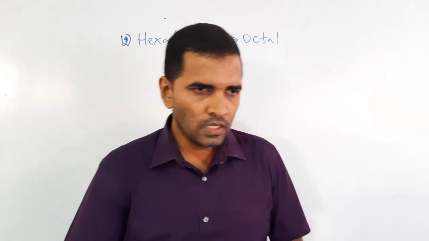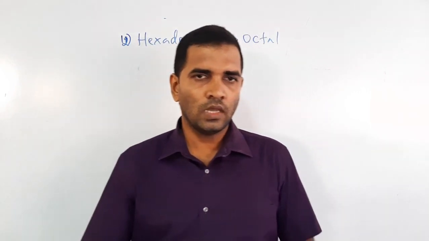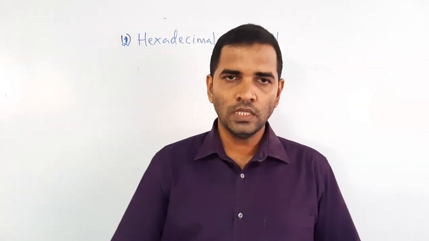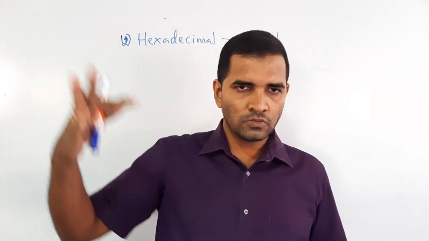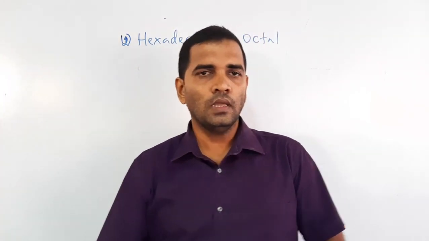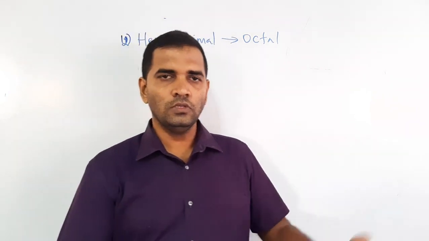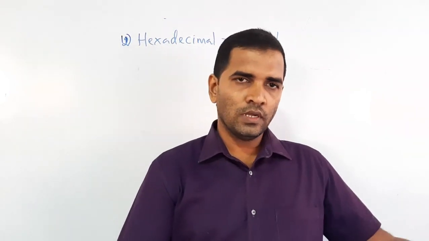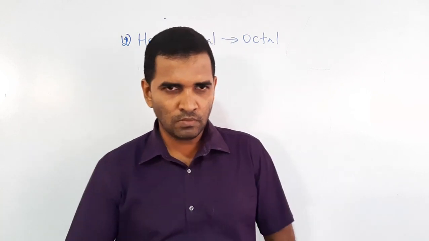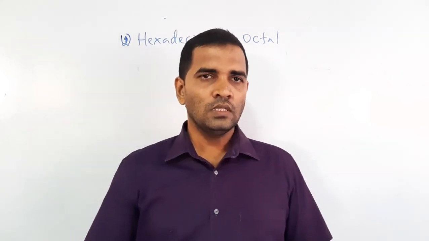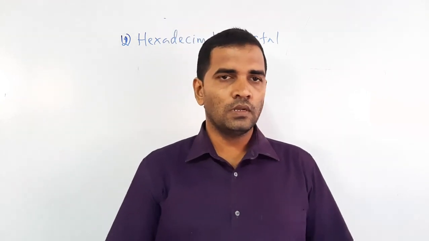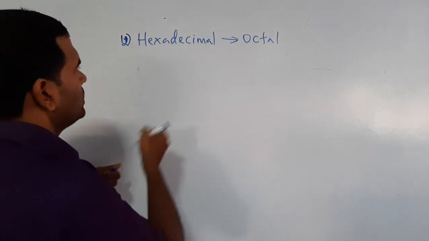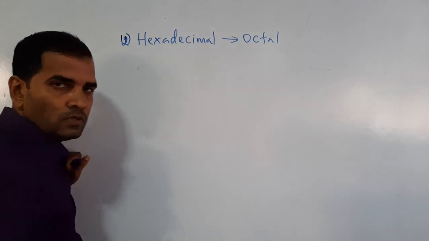But here also I will use the second method, converting hexadecimal to binary and then binary to octal. I'm not going to use the first method. I already told you the reason. The reason may not be a big one, but this may be why even your book suggests the second one. So let's convert this hexadecimal to octal.